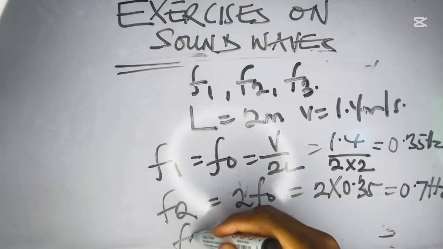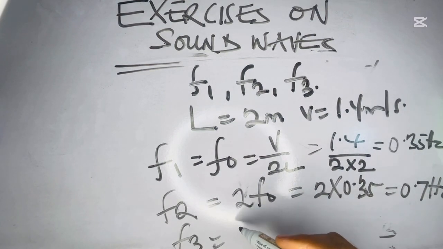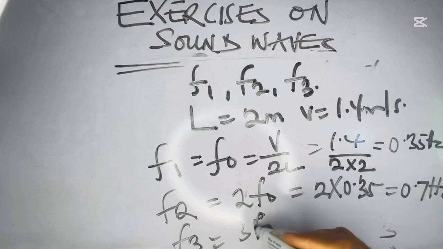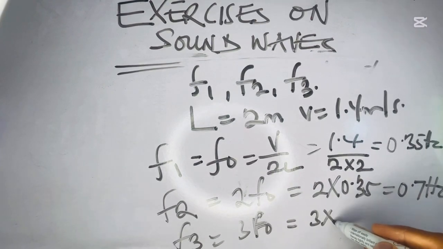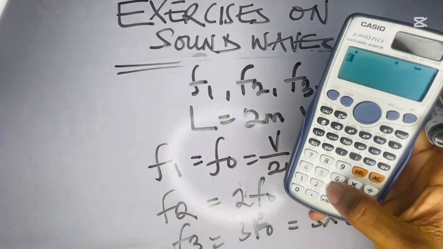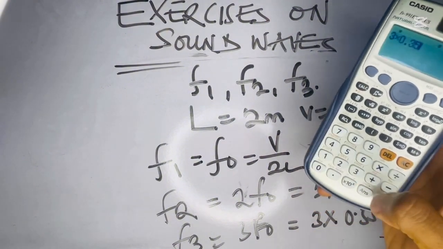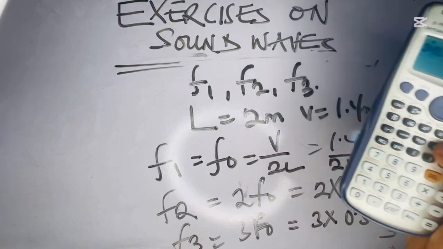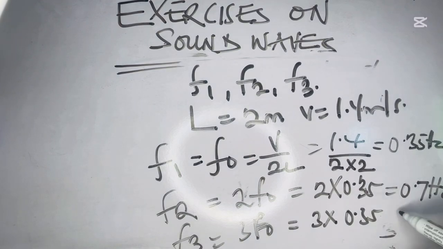Then our F3 will be equal to 3 F naught. So this will be 3 times 0.35, which gives us 1.05. This will give us 1.05 hertz.